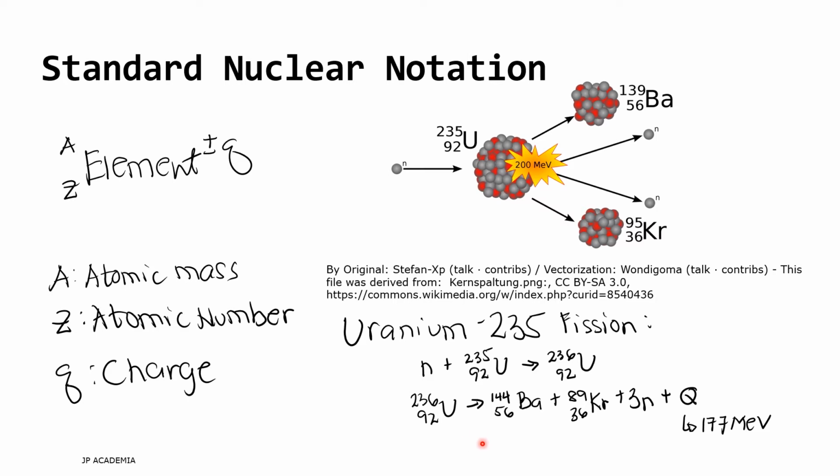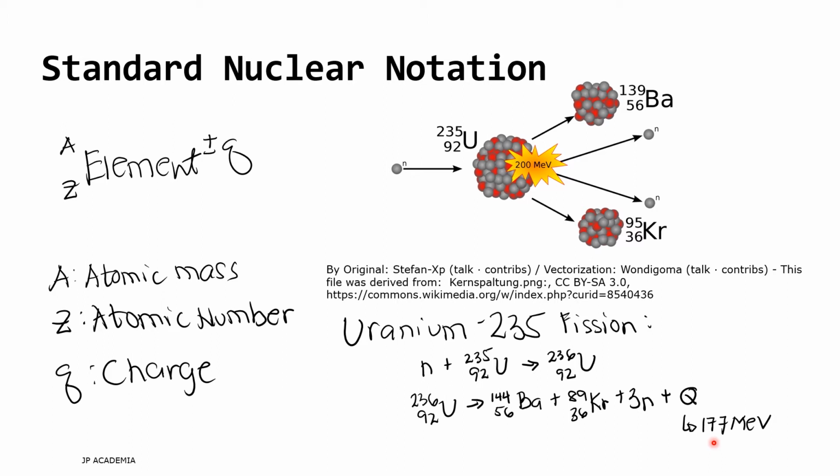Uranium-236 is known to be unstable and it oscillates until a fission proceeds. Fission produces fragments of intermediate mass. For this case, we have krypton-89 and barium-144. We have also 3 neutrons. Neutrons will be released as well, with an average of about 2.4 neutrons, and an energy Q with an average of about 215 mega electron volts.